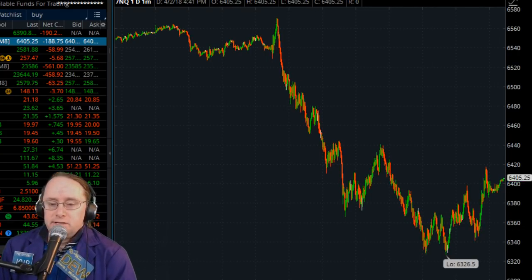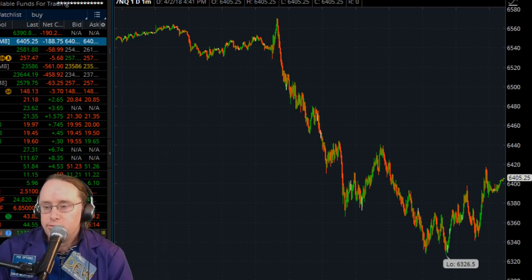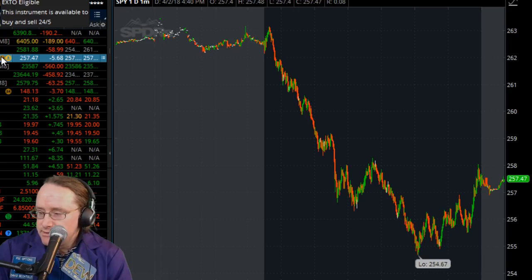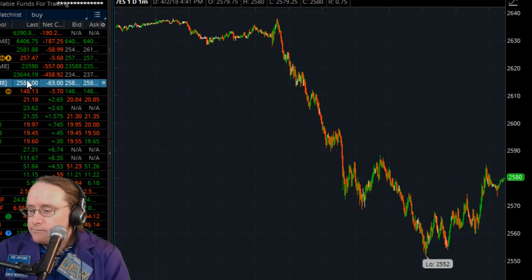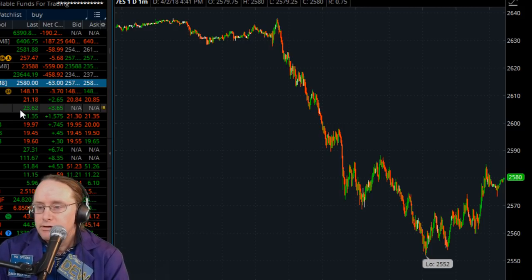I was watching CNBC for a little bit today, and they were discussing how the S&P had broken through the 200-day moving average. So let's take a look at SPX here. I think they said the 200-day moving average was around 2584.